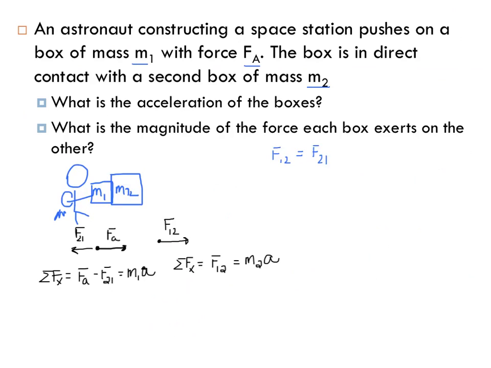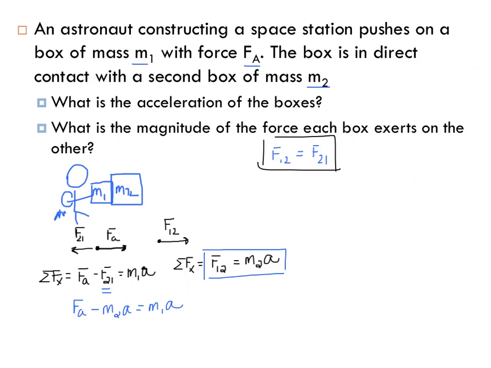So I'm going to use the fact that this piece, M2 times A, is equal to F12, is the same as this piece right here. Again, going back to Newton's third law. So I'm going to make that substitution. Anytime you have two equations with two unknowns, I can substitute. So this is force applied minus, I'm going to go ahead and put M2A is equal to M1A.